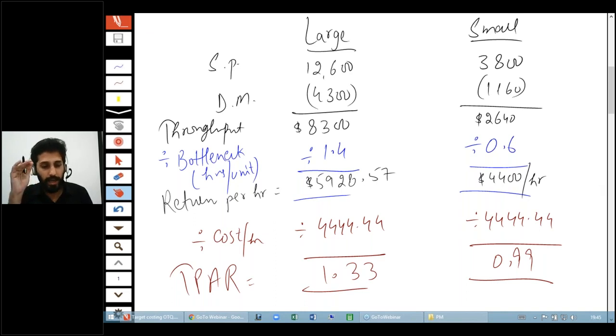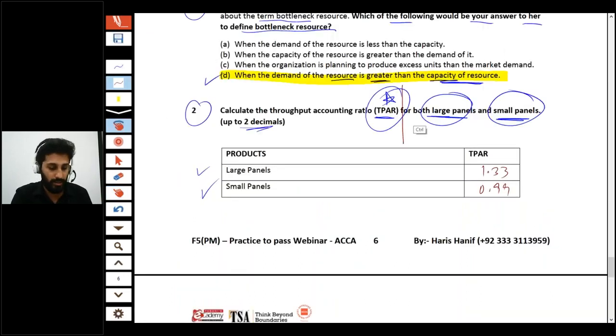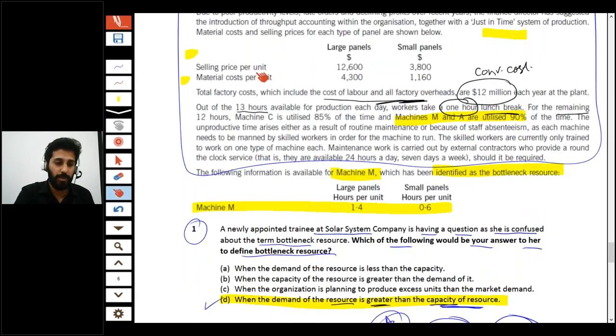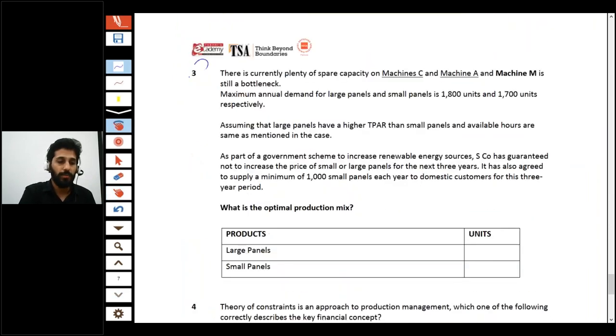No, Amna Ahmed, it is per unit. It's not the total, it's per unit. You might be assuming that this is a very large amount, but it is actually per unit. You can see that this is large panel per unit. It's expensive.